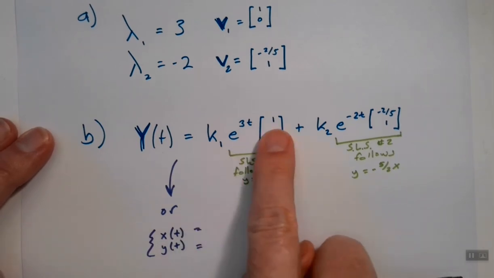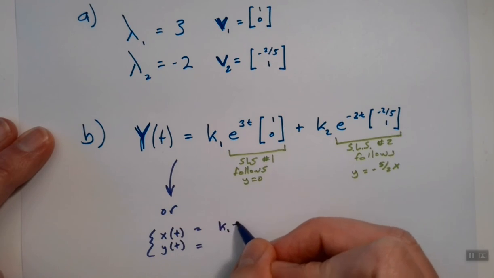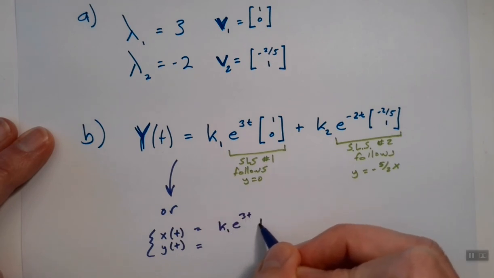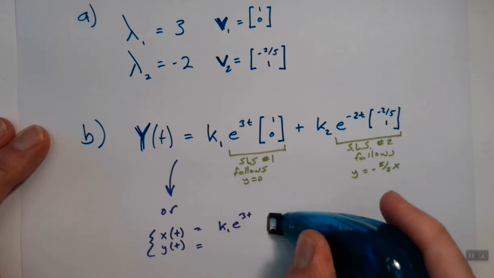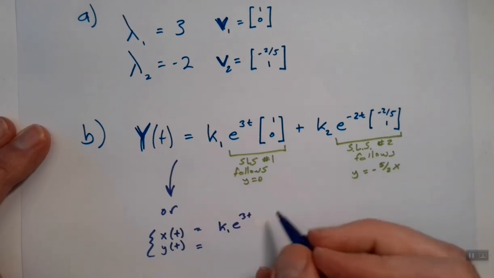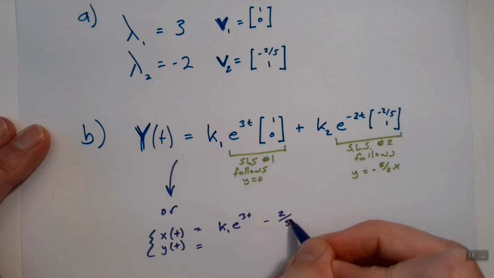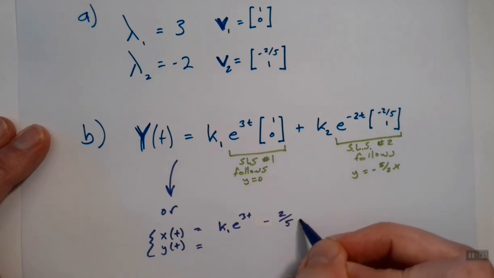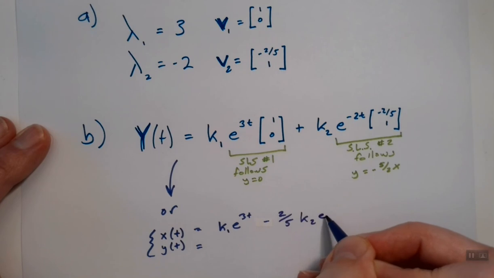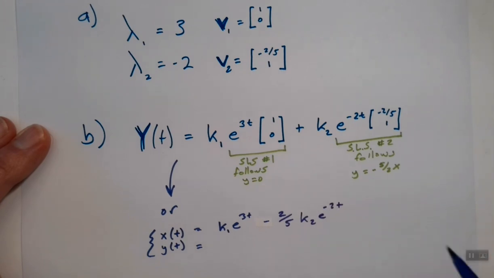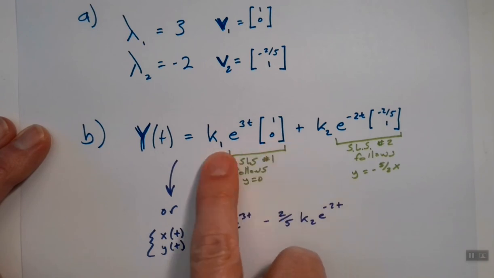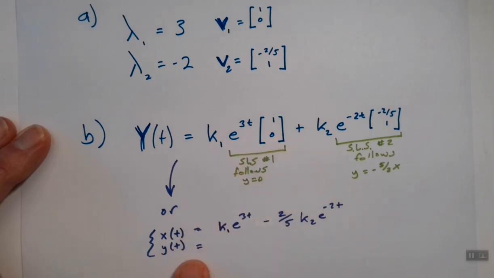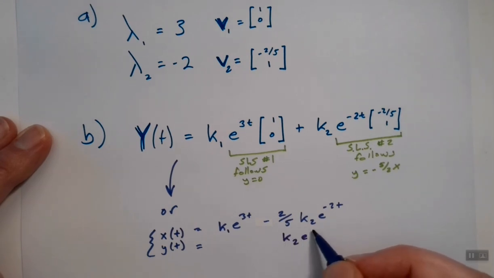The top one is going to be k1 e to the 3t minus 2/5 k2 e to the minus 2t. And then down here, something interesting happens. This just goes away. There's no first term for the solution for y of t, and all that it has is k2 e to the minus 2t.